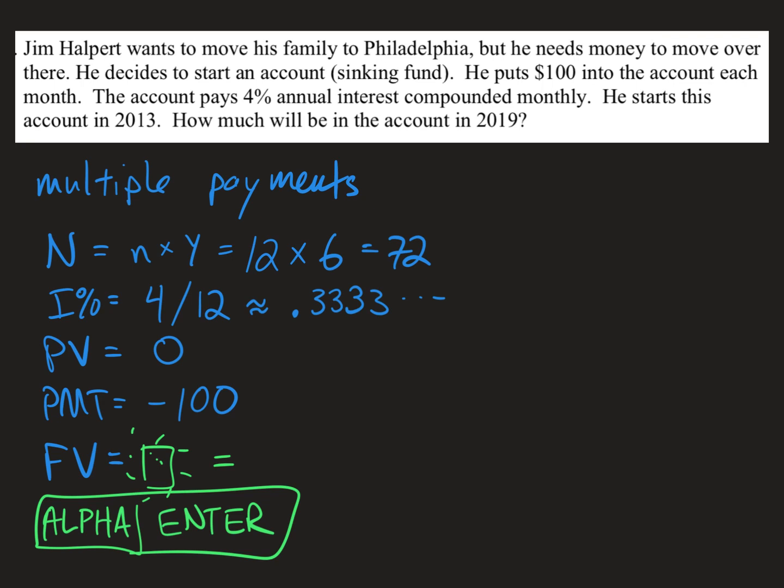From there, you can come down here and make sure the cursor is blinking next to future value, hit alpha enter, and get a future value of $8,122.26.